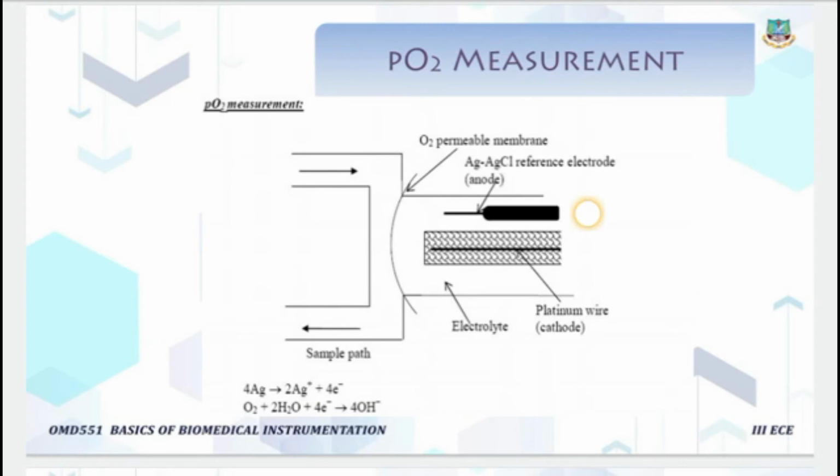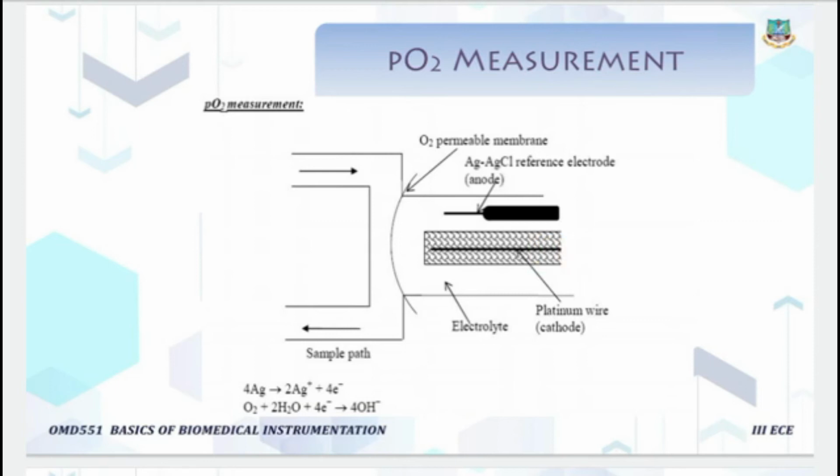Then we are using a platinum wire, which is used as the cathode. So in this partial pressure of oxygen measurement, we are using an anode as well as a cathode. The silver and silver chloride reference electrode acts as the anode, and the platinum wire is used as the cathode.